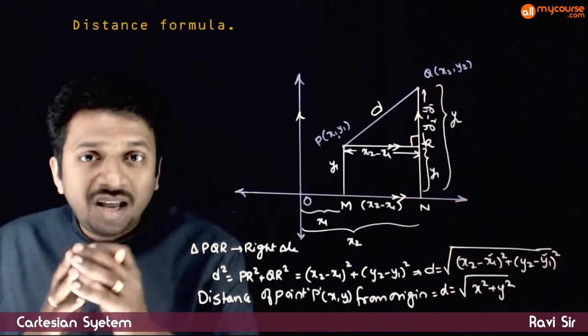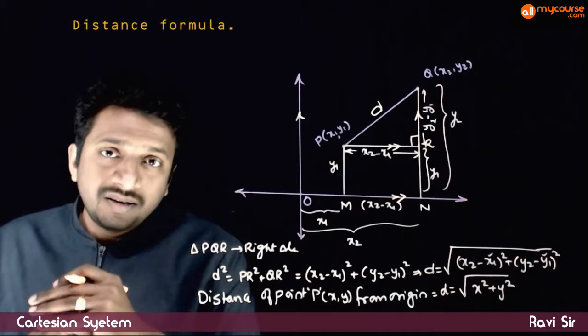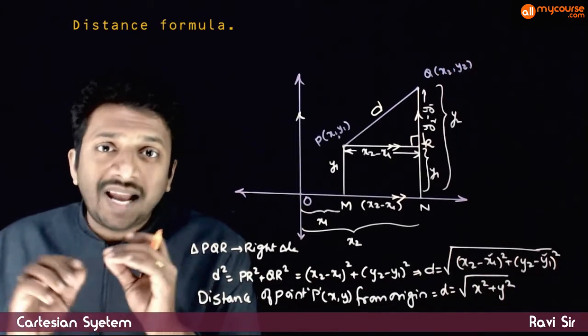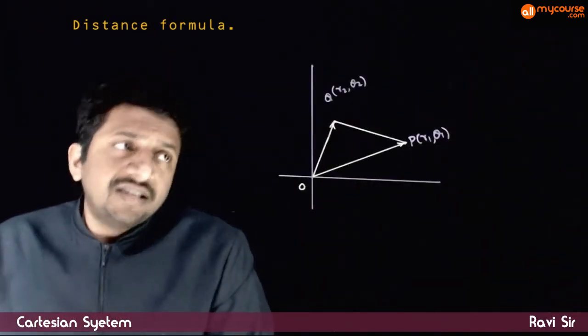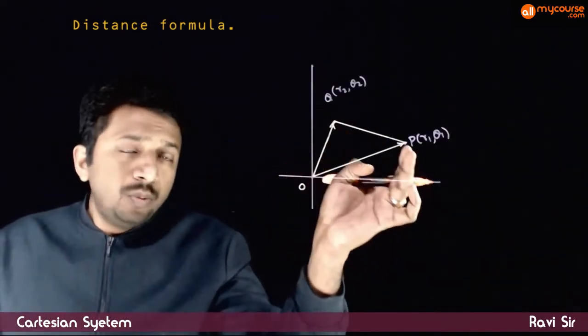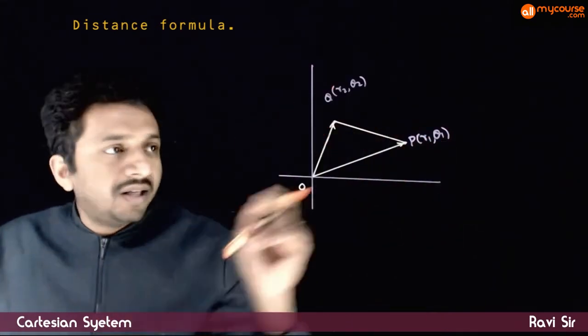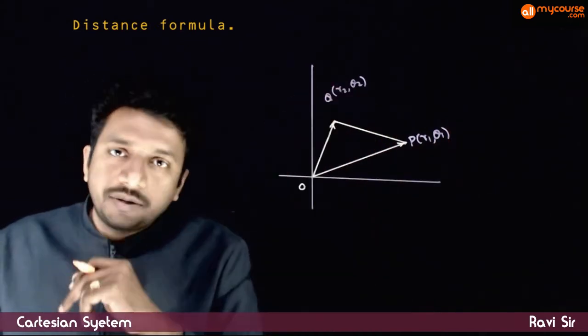So let us see how to find the distance if the coordinates are given in polar coordinates and if the axes are inclined to each other at an angle other than 90 degrees. So let us say that you're given two points P and Q, whose coordinates are given in polar coordinates. That is, let P be r1 theta 1, let Q be r2 theta 2.